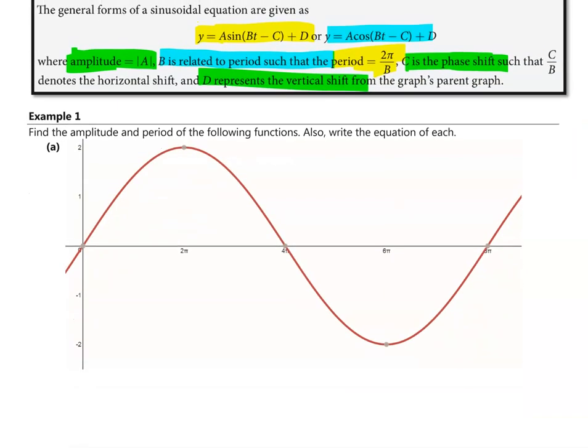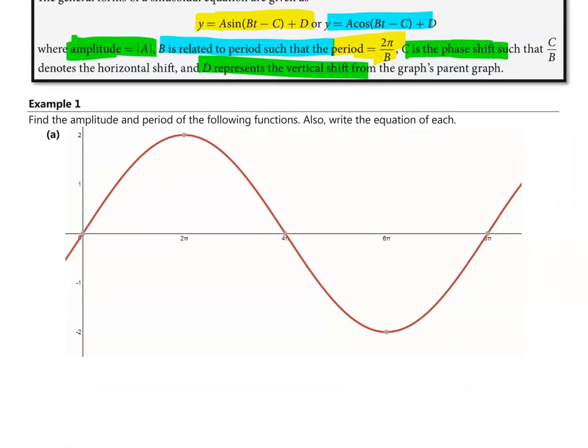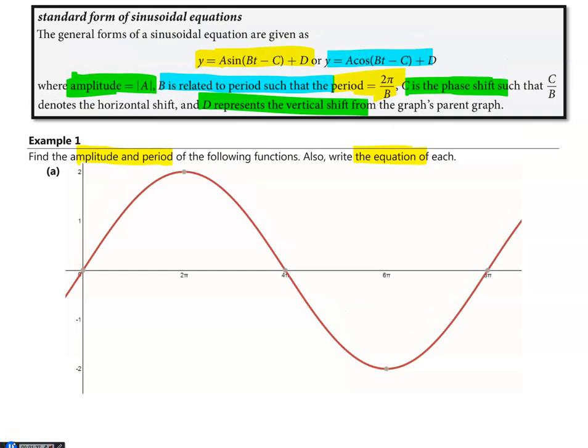Example number 1. Find the amplitude and period of the following functions. Also write the equation of each. So let's start with letter A. And to write an equation given a graph, if it's sine, you always start at midline. And for cosine, it starts at the top.